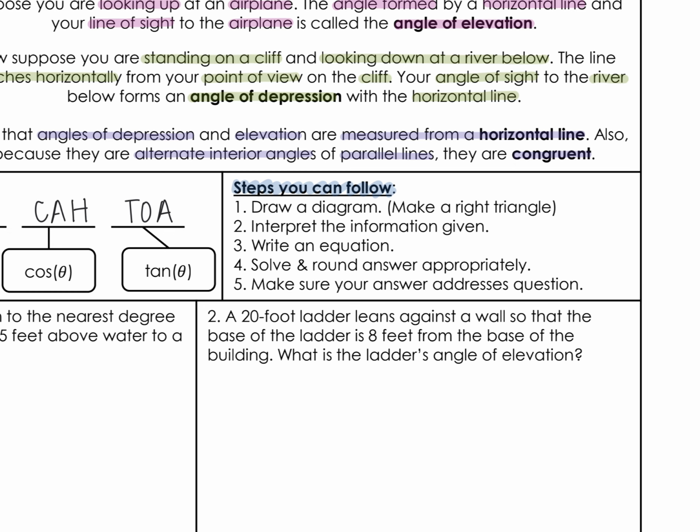We're going to label on our picture all of the information that is provided, side lengths and our angles. Step 3 is write your equation. Step 4 is to solve and round appropriately. And step 5, this is somewhat new, is make sure your answer is going to address the question. Part of that is going to be making sure you put in your units as well. So we'll talk about that too.